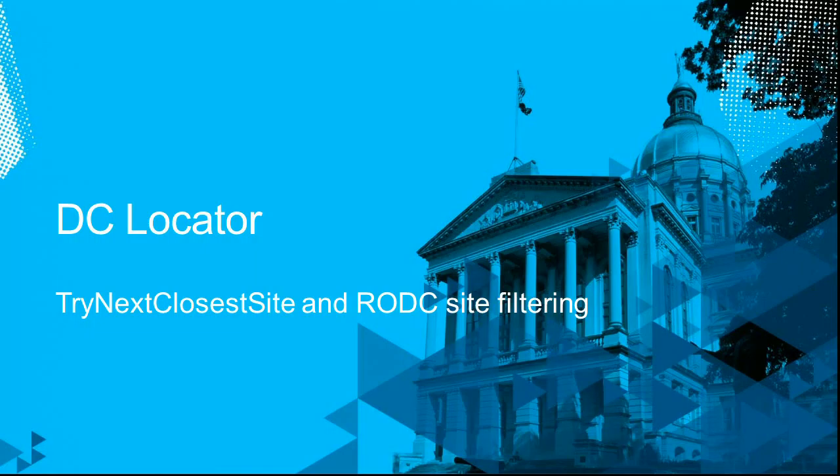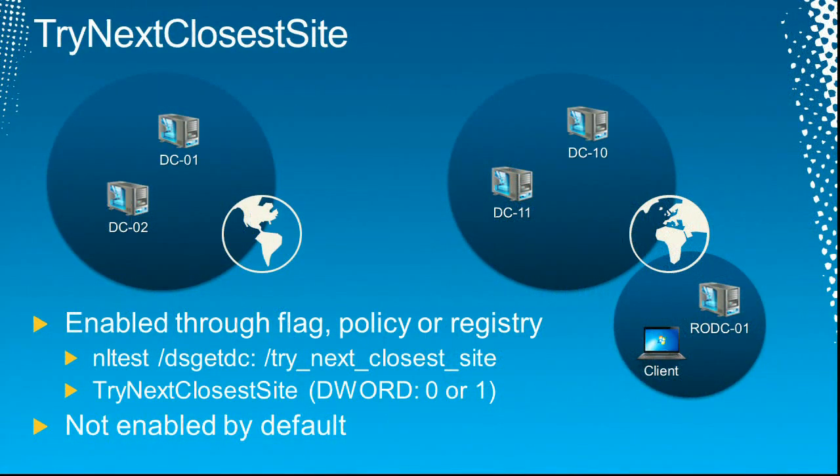Now let's move into a concept that we introduced in Win2K8, and that is the concept of next closest site. And how can I play with the RODC filtering that is introduced in Win2K8 as well. So try next closest site basically is a flag that will tell DC locator to modify slightly the algorithm of discovery.